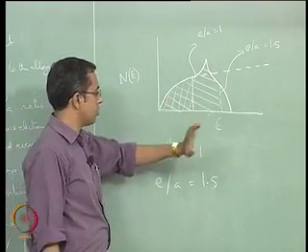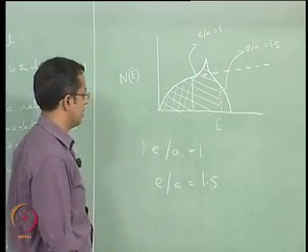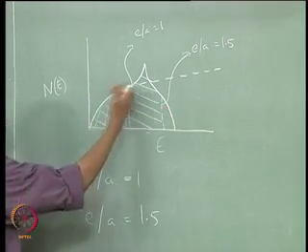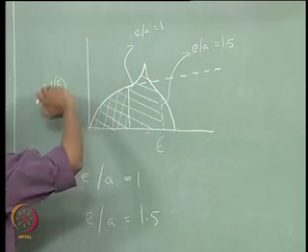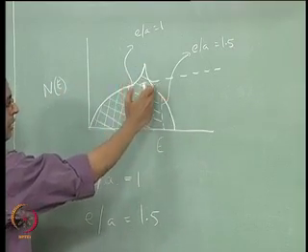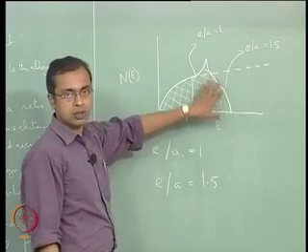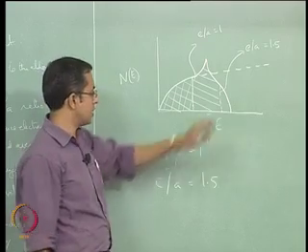So this is the general form of this information, and based on the number of electrons we fill up those available states in this manner. You could either fill it up to here if you had an E by A ratio of 1, or if you had more than E by A ratio of 1, then you would have up to 1.5. Taking into account all the distortions and such, you will find that you are filling it up to here. Okay, so this is the situation.